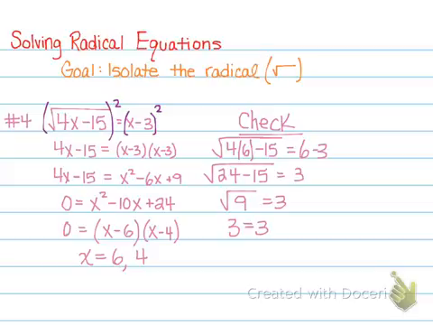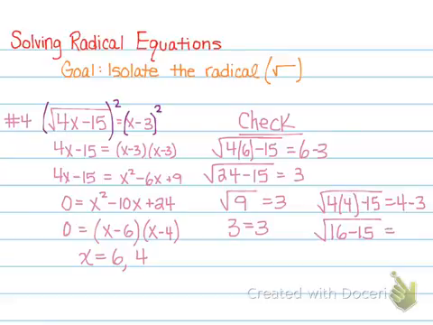And then we do also have to check 4. So I have 4 times 4 minus 15 equal to 4 minus 3. 4 times 4 is 16. So I have 16 minus 15 under the radical equal to 1. 16 minus 15 is 1. And then we all know that the square root of 1 is 1. So this is also correct. So that means both 6 and 4 are my correct solutions.